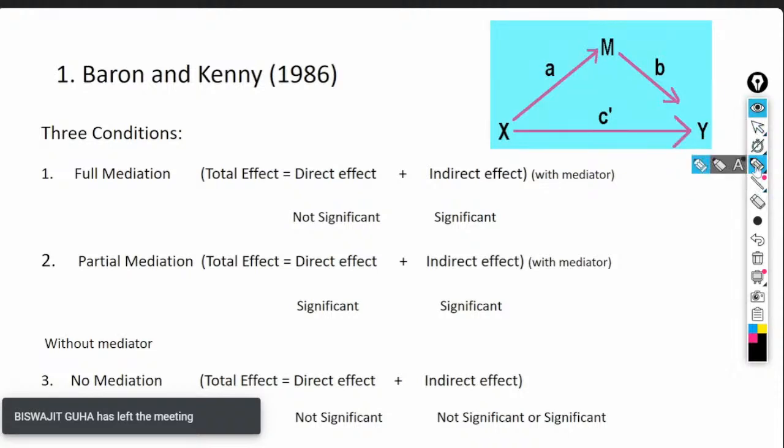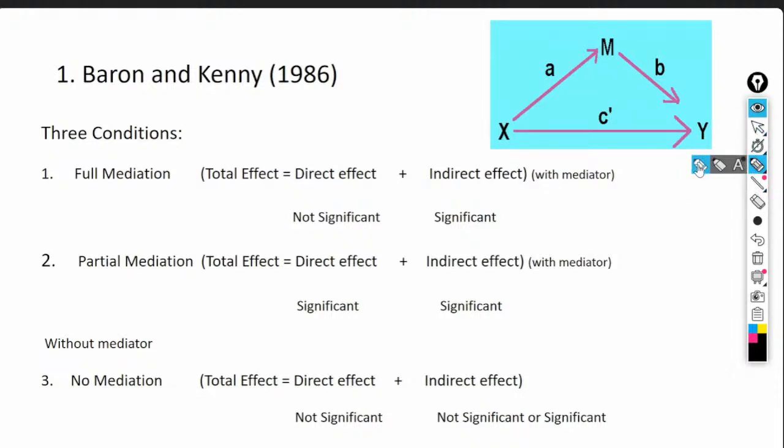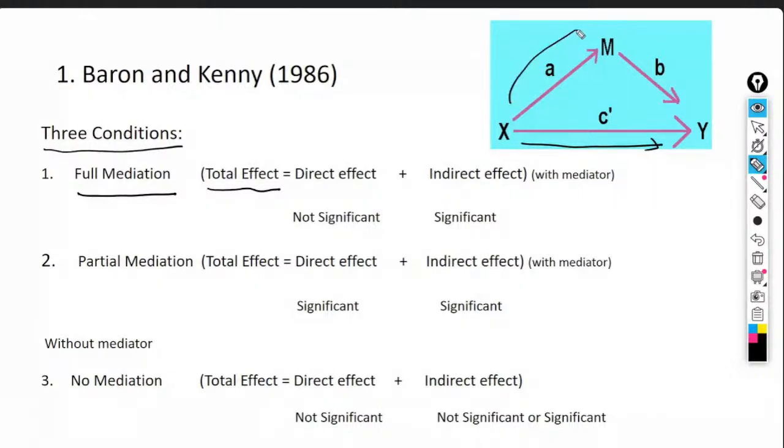Now there are three conditions according to Baron and Kenny. One is full mediation. Full mediation means total effect, which means this direct effect. This is our direct effect, and this one is the indirect effect.